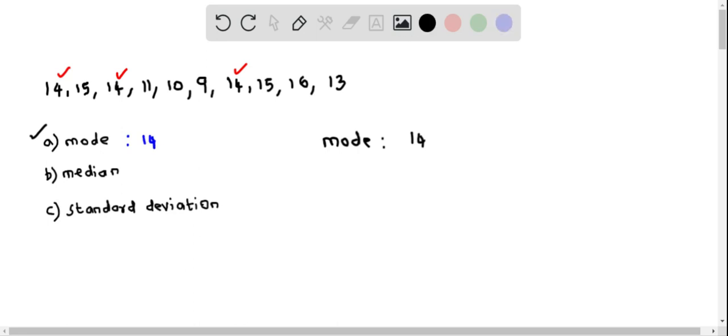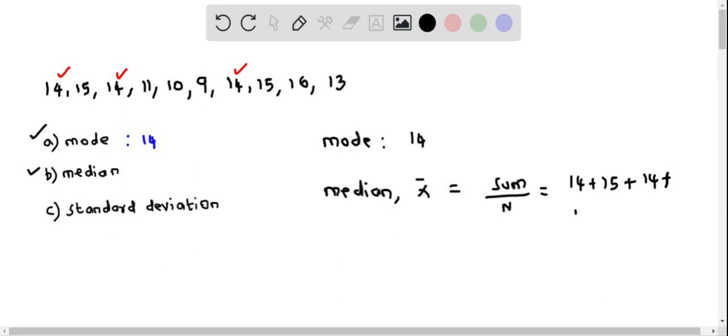We now determine the median of this data. Remember that the median is written as x bar, and this equals the sum of the data over the number of data, that is n. So we basically have to add all these numbers, that is 14 plus 15 plus 14 plus 11 and so on till 13, over n, which is the number of data, there are about 10 numbers.